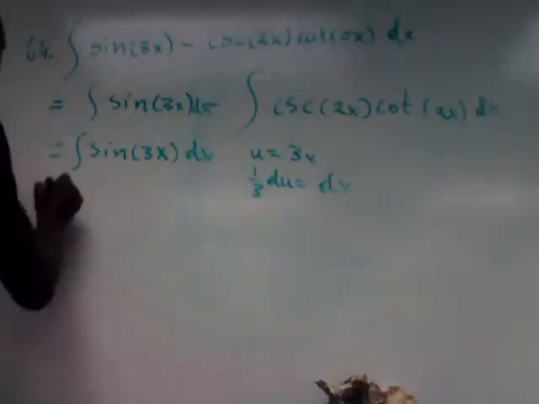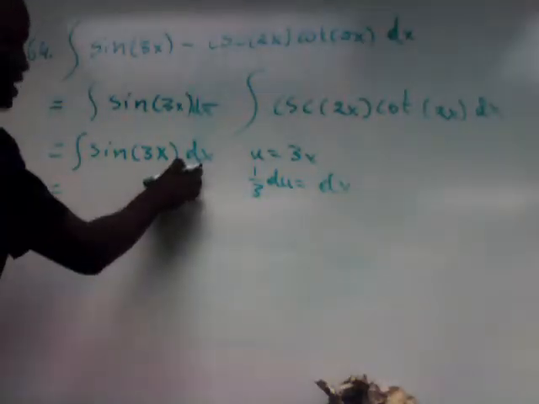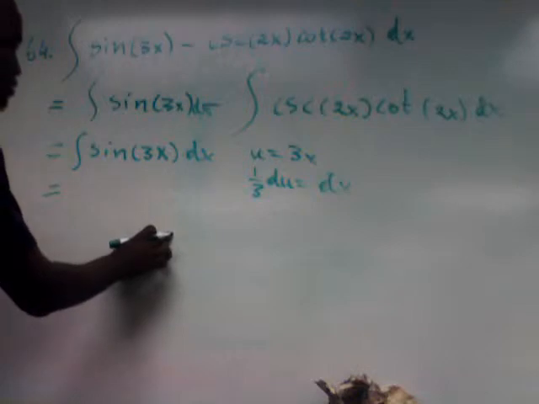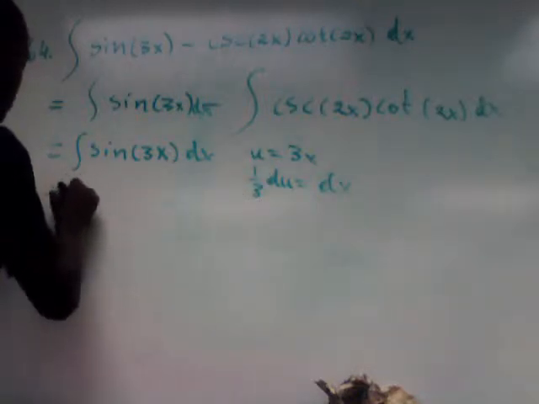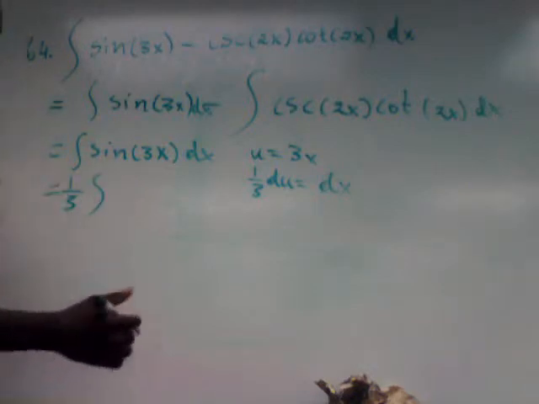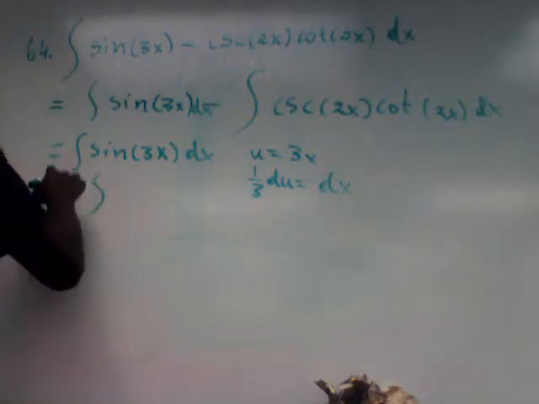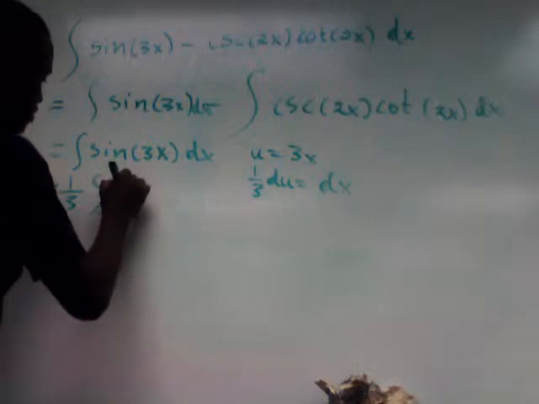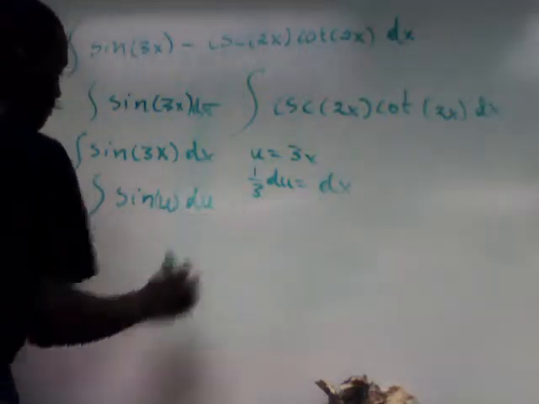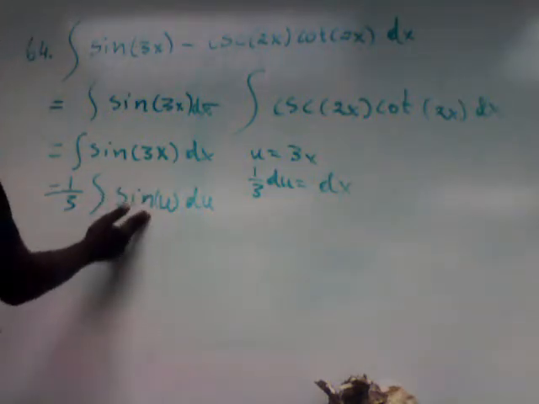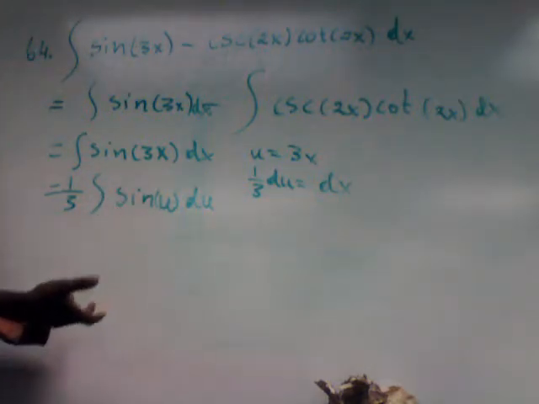So you want to replace dx with 1/3 of du. Since 1/3 is a constant, you can just leave that outside of the integration sign. So you have 1/3 sine u du. The antiderivative of sine is going to be negative cosine.